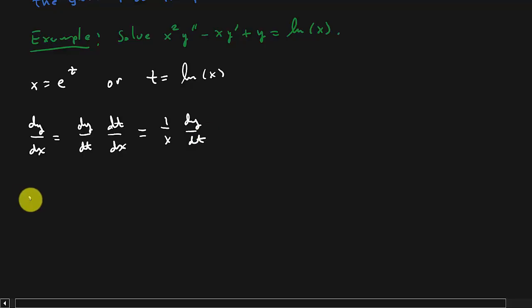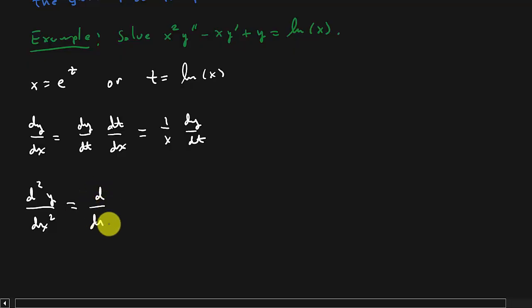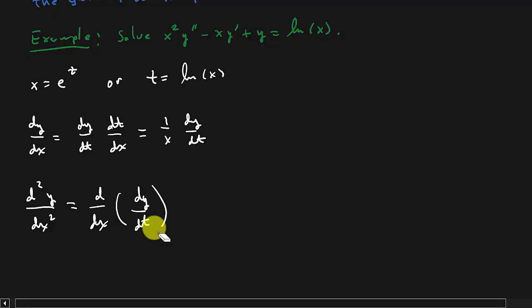Now we need the second derivative of y with respect to x. So this is going to be d/dx of dy/dx. I'm sorry, that's not dt. What am I writing dt for?